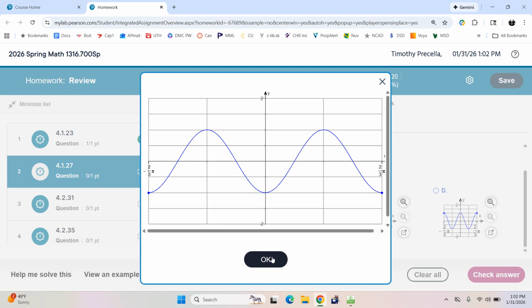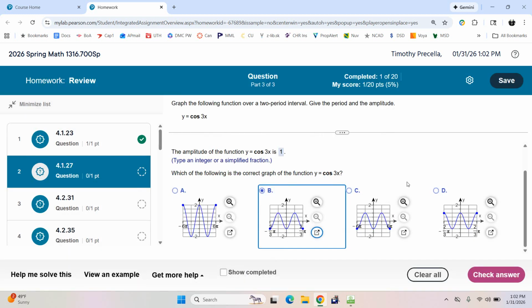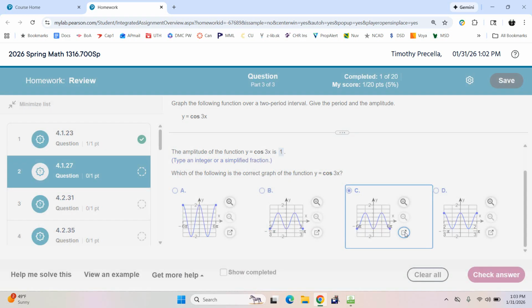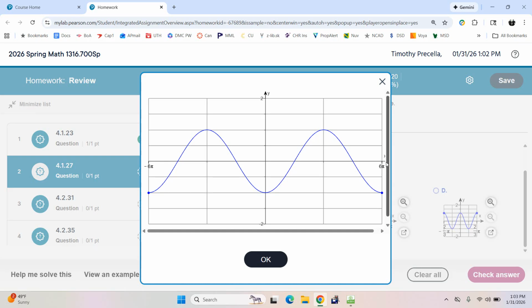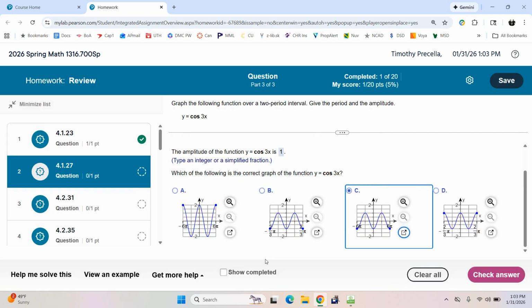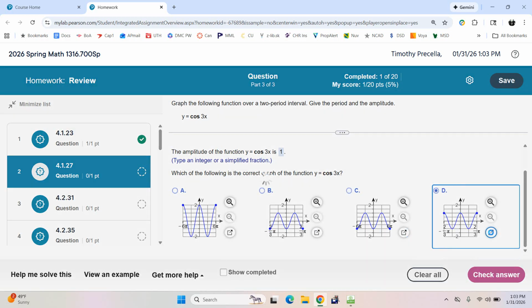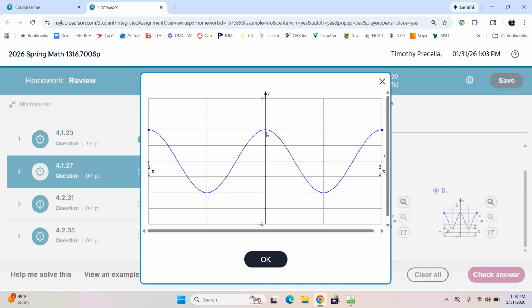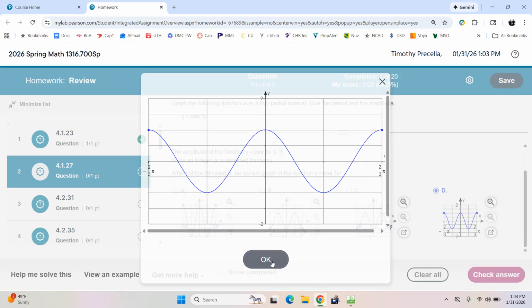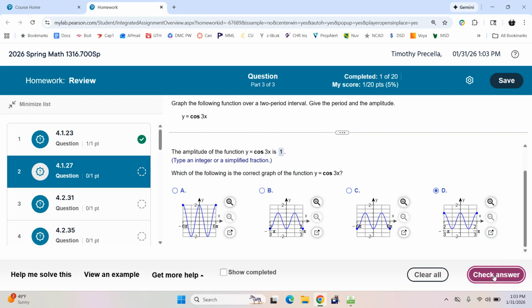Remember, multiplying by a negative flips it across the x-axis. So again, it's not this one. Besides the fact that it looks like it has a period of 6 pi, it's being flipped across the x-axis. It won't be this one, is it? Does this look like what I drew? Yeah, 0 to 2 pi over 3, starting up here on the y-axis at 1. So, D.